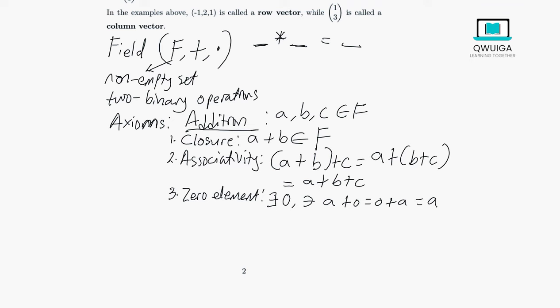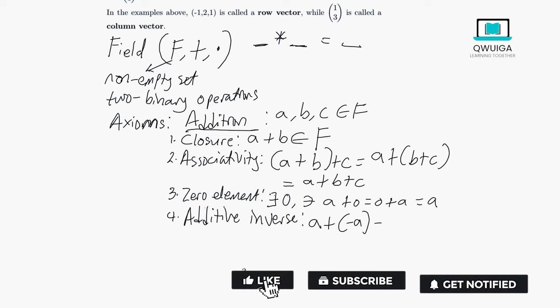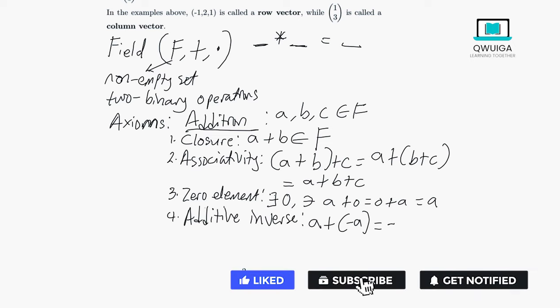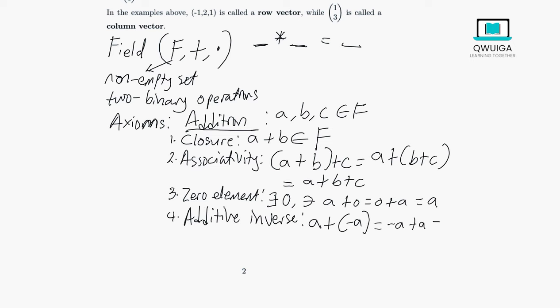Then four, we have the additive inverse. It says that for every a there exists another element which we denote minus a, such that when you add a to minus a, or add minus a to a, you get the 0 element.